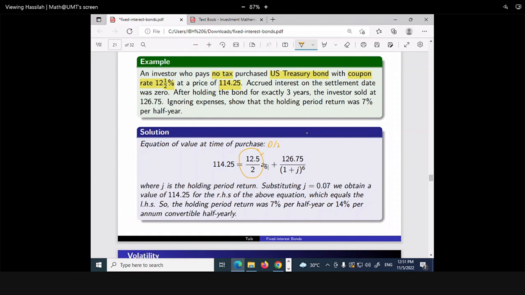After holding the bond for exactly 3 years, the investor sold at 126.75. Maksudnya investor ni beli dengan harga 114.25 sen, lepas tu dia pegang 3 tahun, lepas tu dia jual dengan harga 126.75.